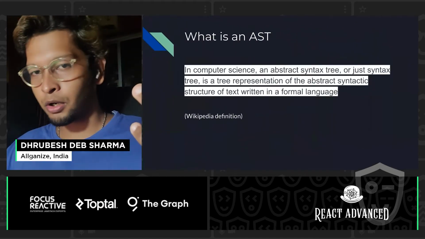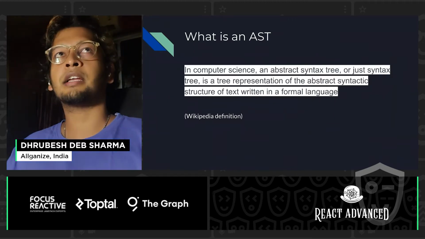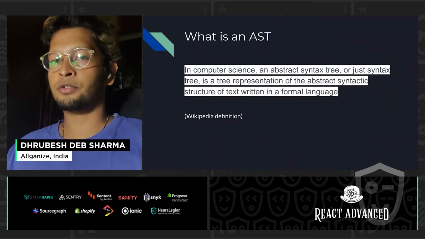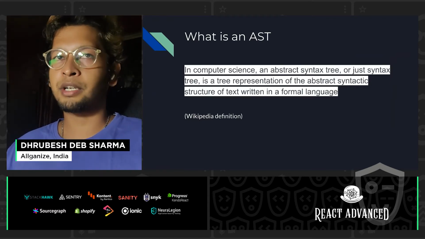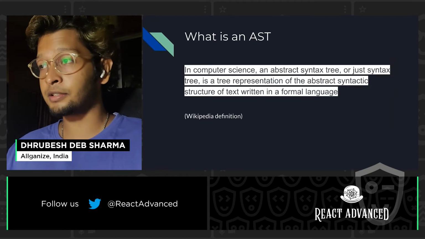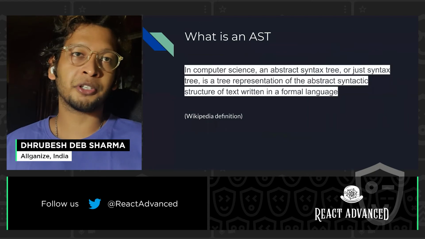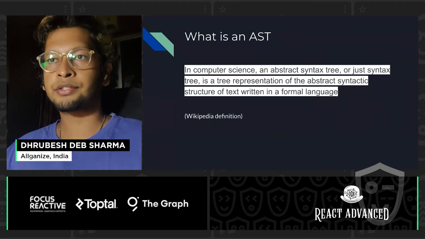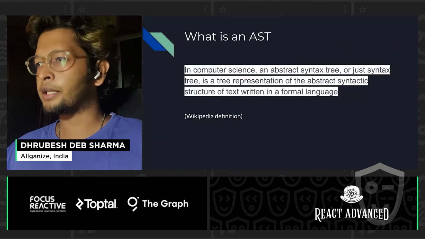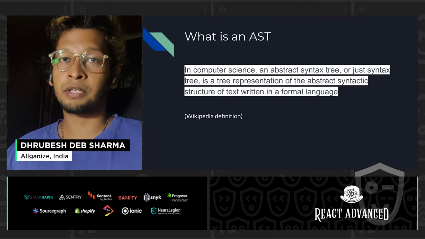When I heard about this term AST, I got really curious and, of course, booted up my laptop and tried Googling what is an AST, and the first link was Wikipedia. This was the definition which was thrown at me. It says in computer science, an abstract syntax tree or just syntax tree is a tree representation of the abstract syntactic structure of text written in a formal language.